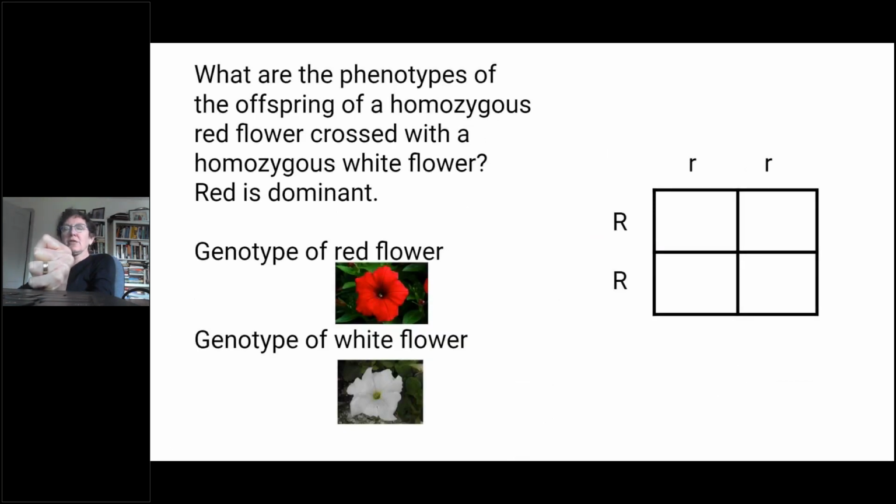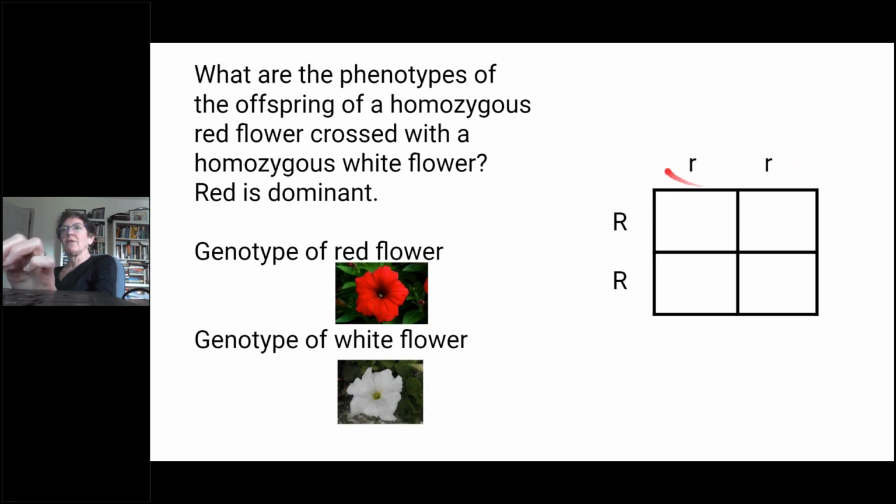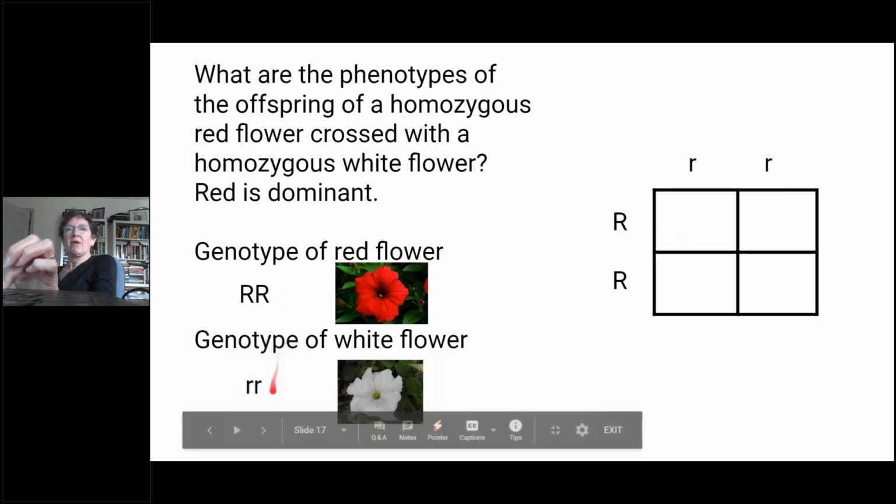So let's look at the phenotypes of that red and white flower that we were looking at before, where we had partial dominance. So the genotype of the red flower is going to be, that will be the dominant gene. And the genotype of the white flower will be this lowercase r. So let's see what happens. Here they are in the table.